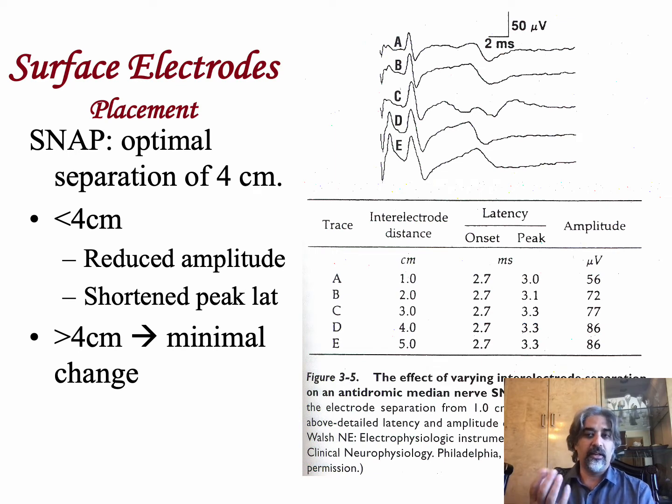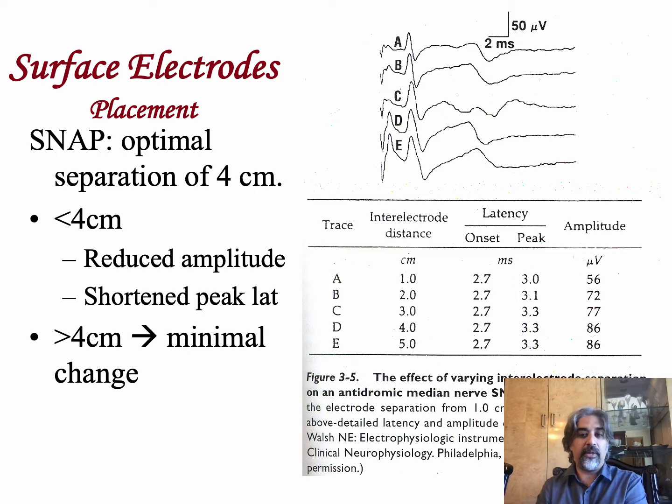See, here's the thing. With sensory nerve action potentials, we're looking at the microvolt range, and noise is in the microvolt range too. So that's the problem with SNAPs: we want to have as quiet a baseline as we can, so we want to put those active and reference electrodes as close to each other as possible. But if we put them too close to each other, they're going to cancel out the waveform that we're looking at.